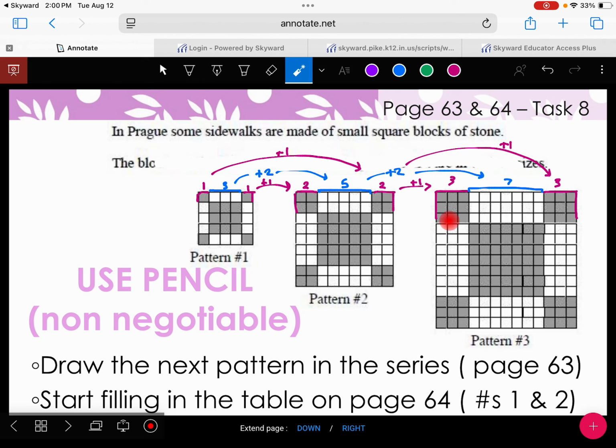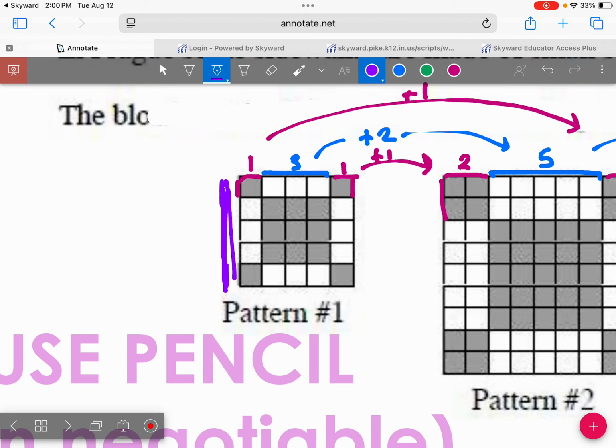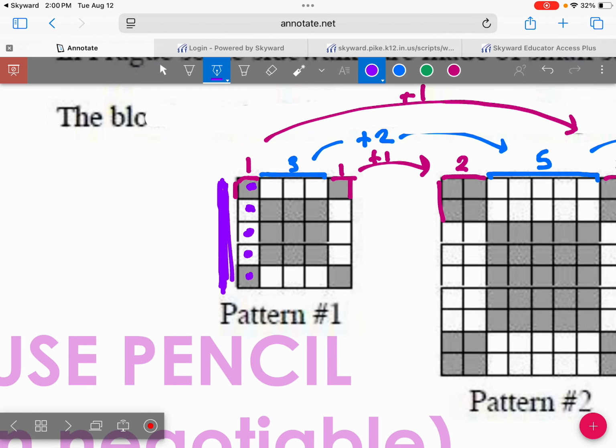How many total blocks are there going to be in pattern number 3? How many total blocks are along the side of pattern number 1 here? How many tall is this? 1, 2, 3, 4, 5, right?